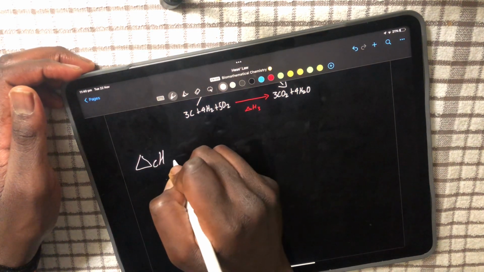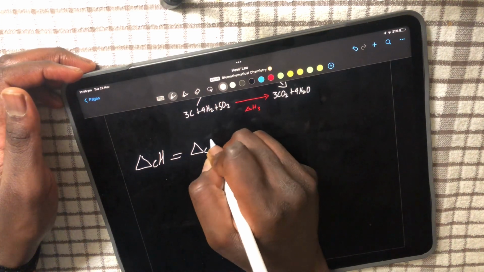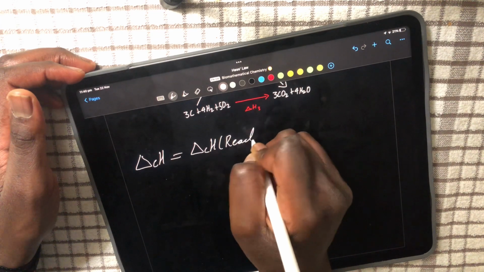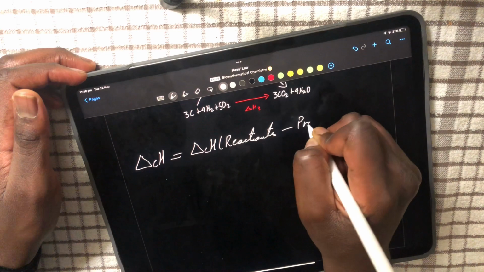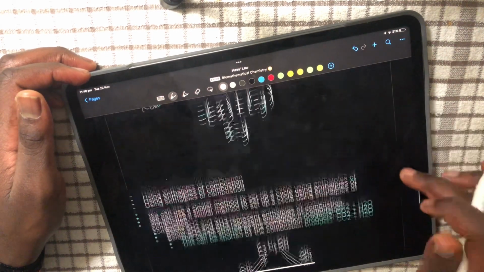Enthalpy of combustion equals the enthalpy of combustion of reactants minus the products, for combustion.